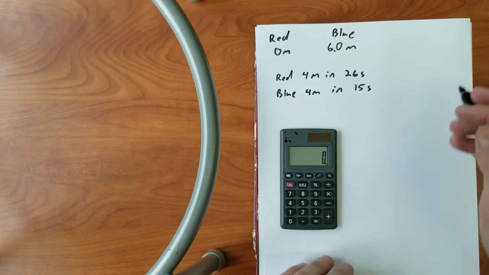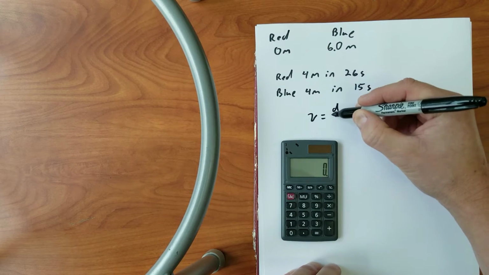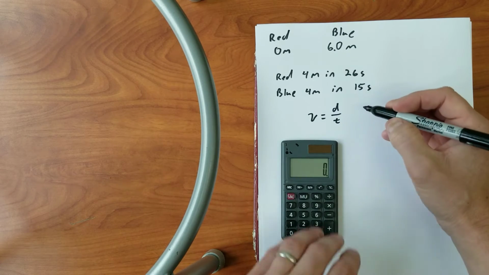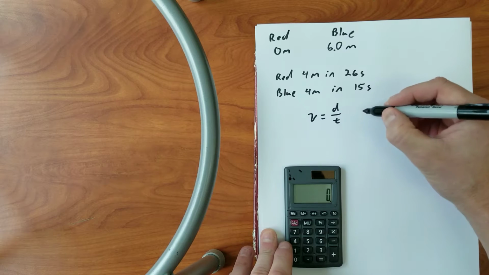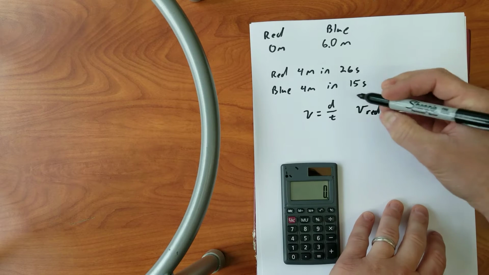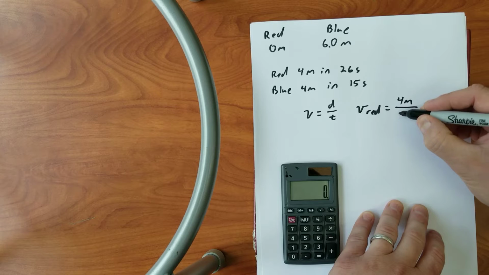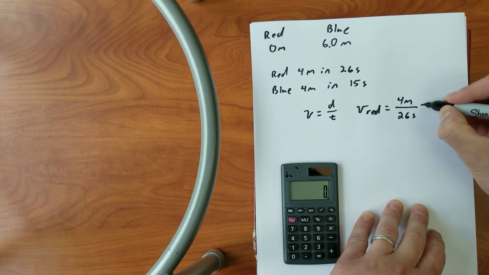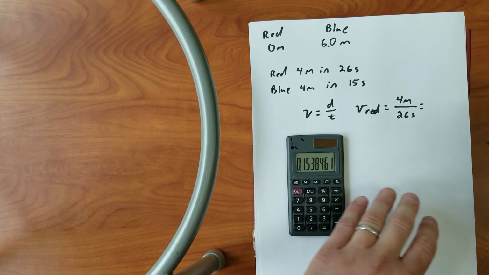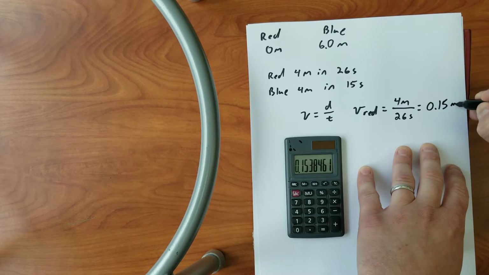So what I'm going to do is I know that velocity equals distance over time. And I have a distance and I have a time. So let's say velocity of the red car, v sub red, equals whatever distance I had, 4 meters divided by 26 seconds, right? So I put that in my calculator, and I get 0.15 meters per second.